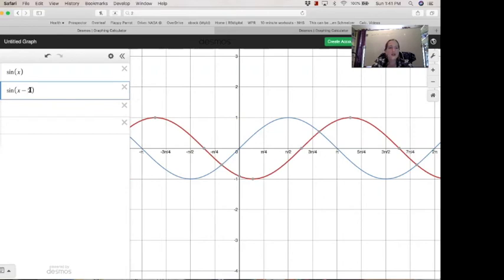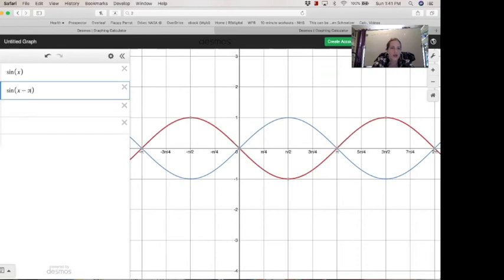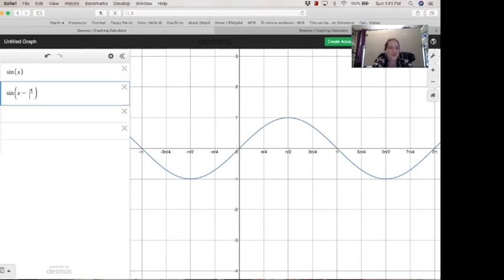Now, oftentimes we're not shifting these or thinking of phase shifts in terms of numbers like 1, 2, 3. Rather, we're thinking of phase shifts in terms of pi over 4, pi over 2, 3 pi over 2, in terms of radians, okay? So let's see what would happen if I shifted my function like this. So I have sine of x minus pi over 2.